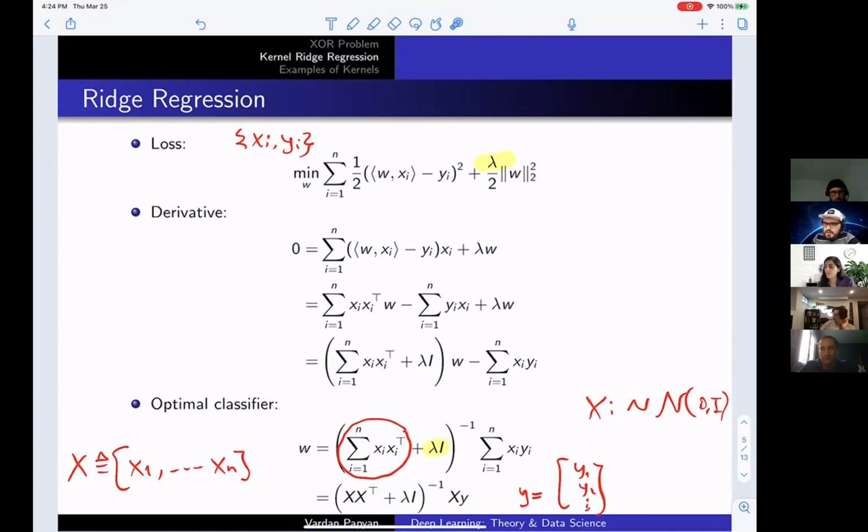Now, what we're going to do is say the following. Imagine that this data is not linearly separable. Then the previous XOR example taught us that what we should do is replace the data with some feature vectors, right? And that's what we're going to do.